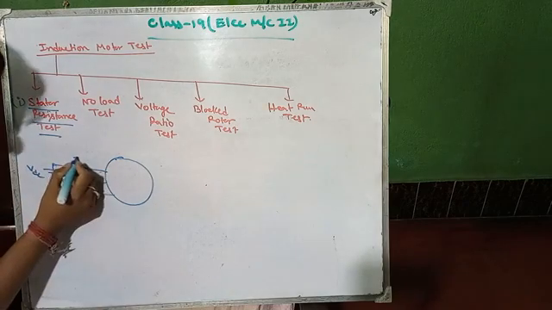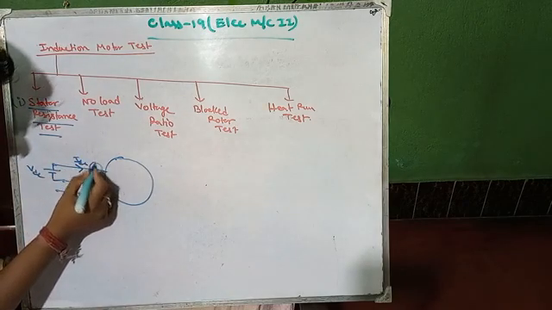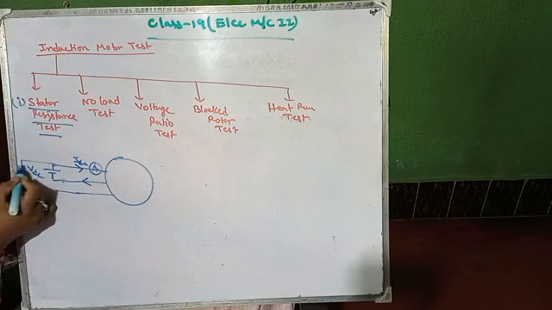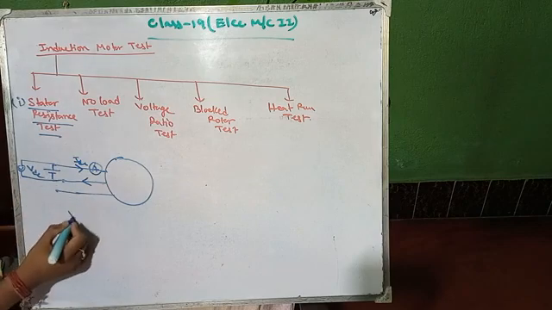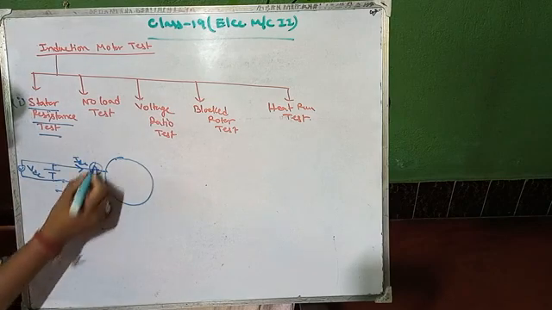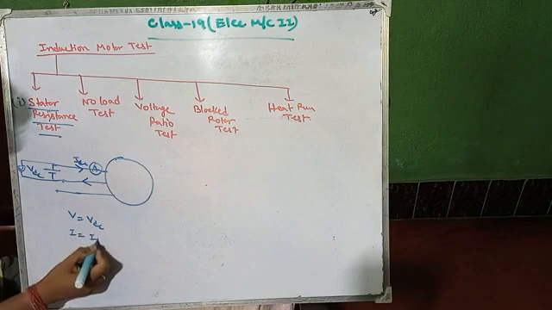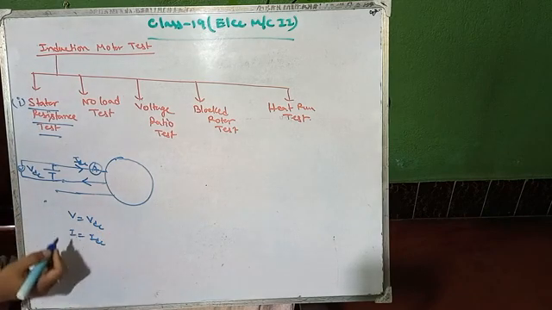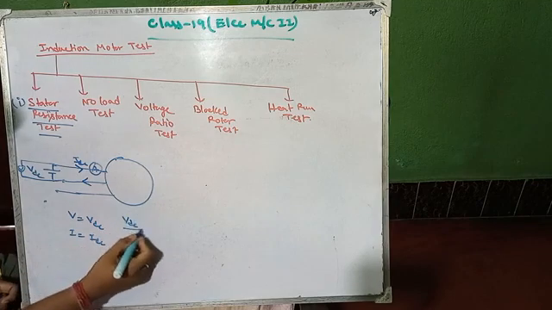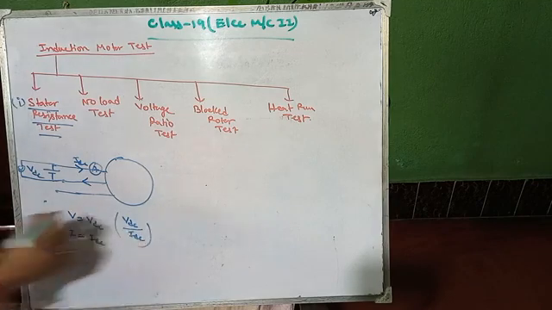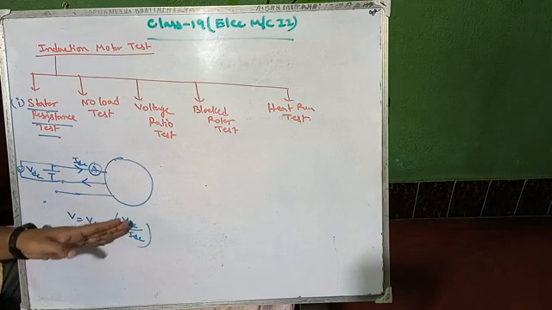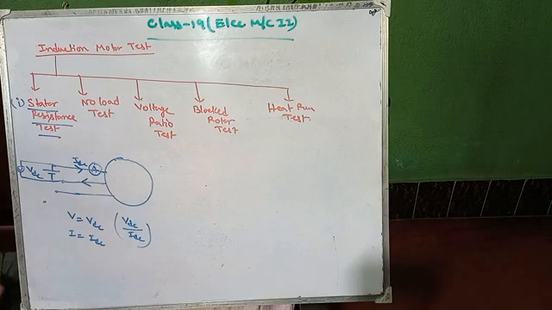Suppose I am connecting an ammeter to measure this current and a voltmeter to measure the voltage, that is V equals VDC, and the ammeter reads I equals IDC. In the third point, we have to calculate VDC by IDC. This is called the series equivalency of these 2 phases.